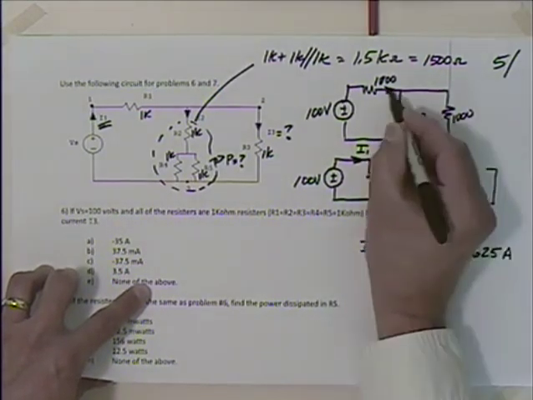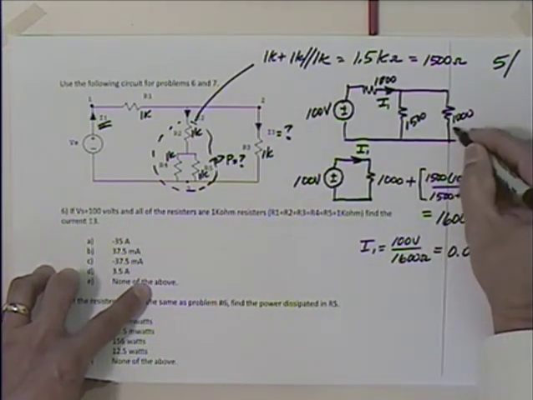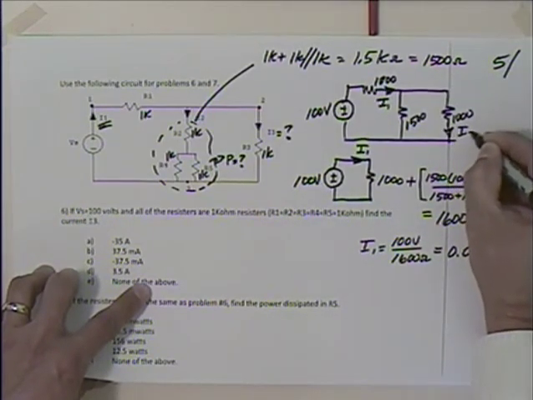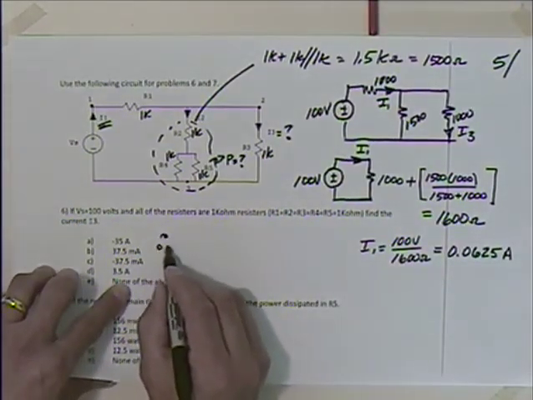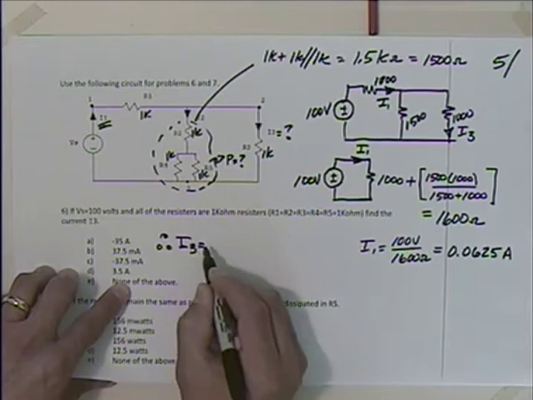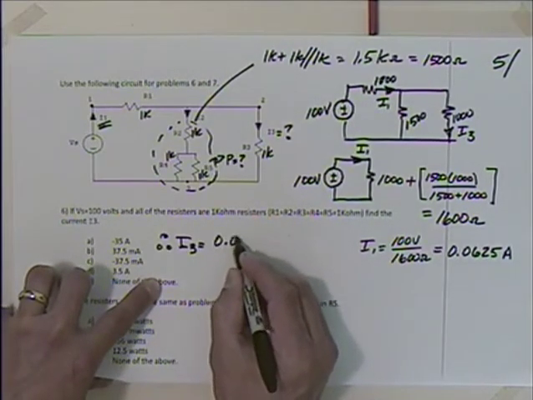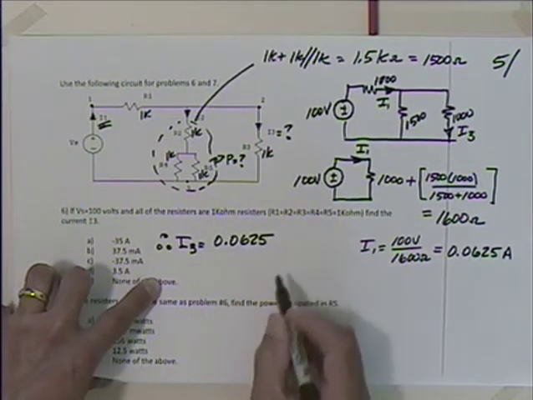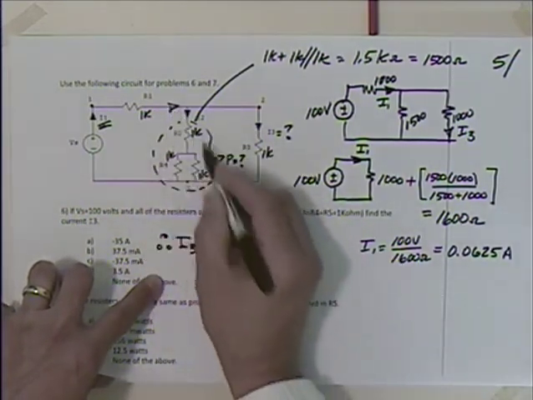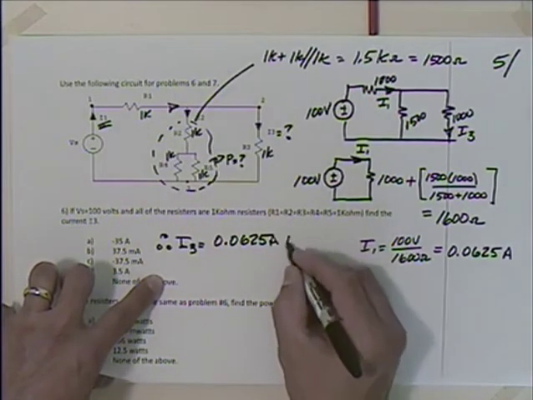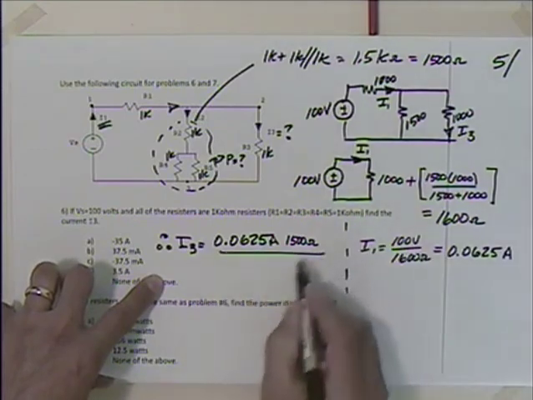So that's I1 also, isn't it? So if I split this, there's I3, right? So what would I3 be? You could say over here that I3 would be equal to I1, 0.0625 amps, the total current going into this point, divided by this resistance, which is 1500 ohms, divided by the total.